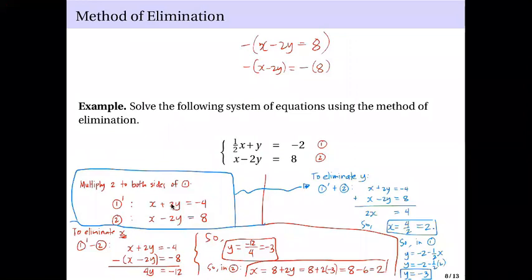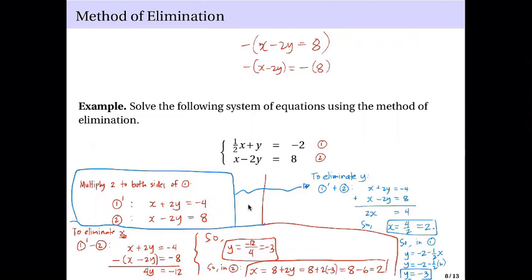So like in this example, my first method is to eliminate x. We have solved it. The second method is, instead of eliminating x, I have eliminated y. To eliminate x, we subtracted. In here, to eliminate y, we added.